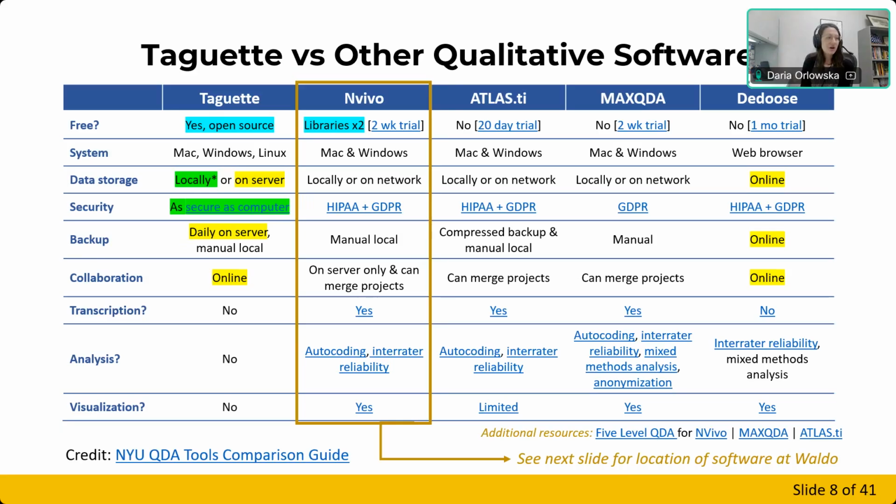There is also a comparison guide I've linked below. I kind of tried to recreate it here, but feel free to check out other resources as well. And I've also highlighted some additional resources specifically for the other pieces of software that we've already talked about in the previous slide that are available for you if you decide that you want to use other pieces of software in conjunction with TAGAT.